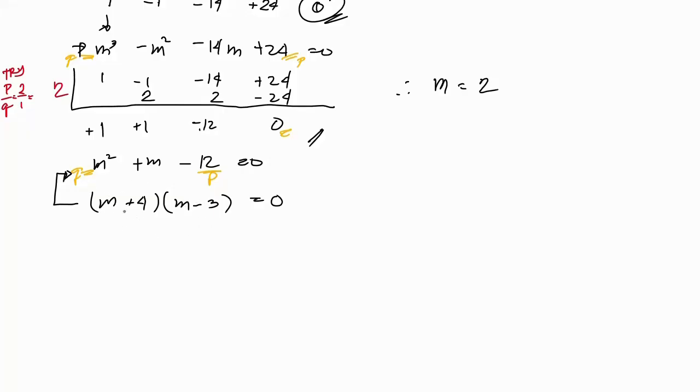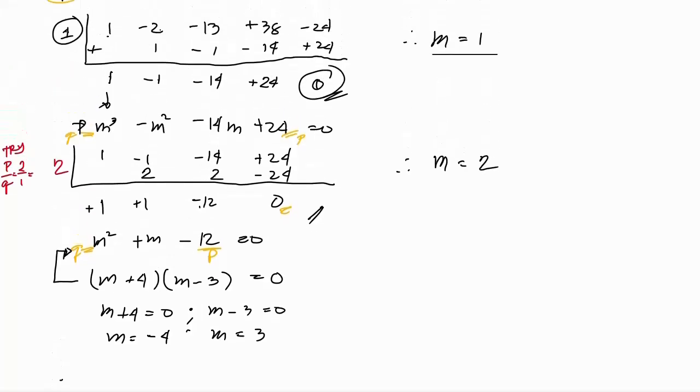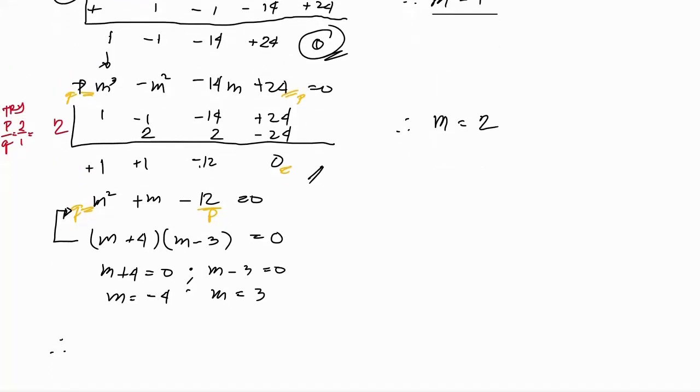Okay, you can also check by multiplying these factors. So, going back, the other roots: m plus 4 is equal to 0, or m is equal to negative 4. And for the other one, m minus 3 is equal to 0, or m is equal to 3. So therefore, our roots are 1, 2, negative 4, and 3.